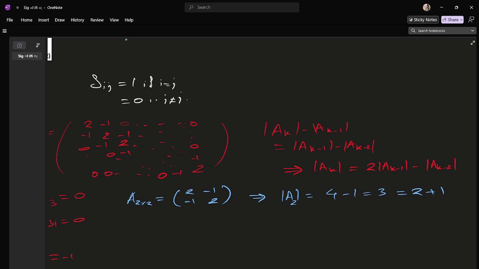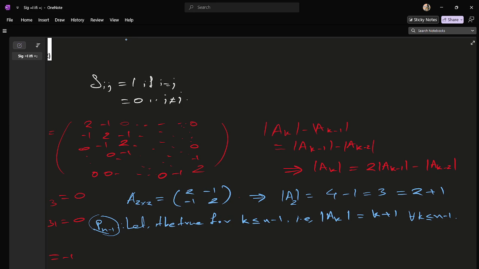Then let it be true for all k less than or equal to n minus 1, that is, det A_k is equal to k plus 1. This is the P(n-1) statement, true for all k less than or equal to n minus 1.